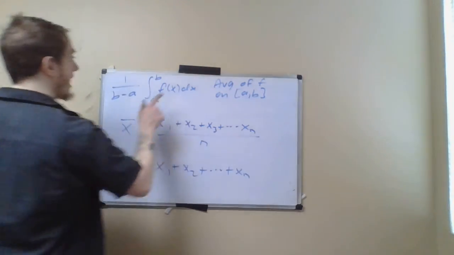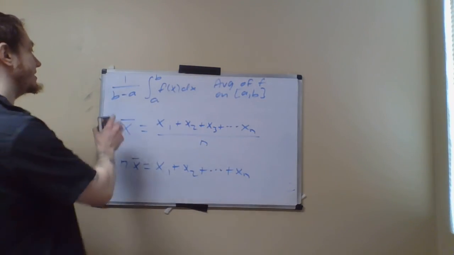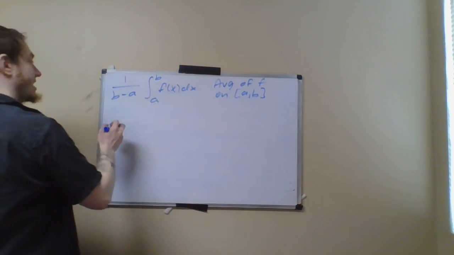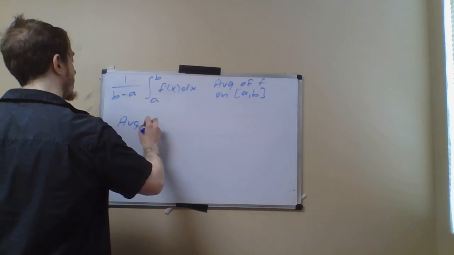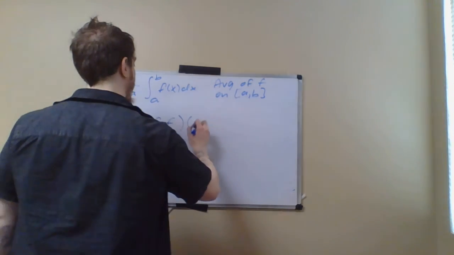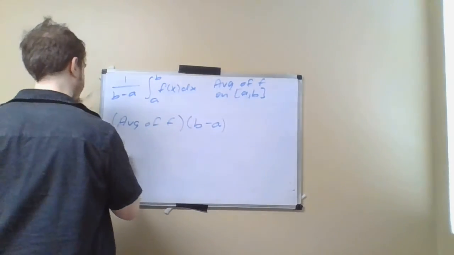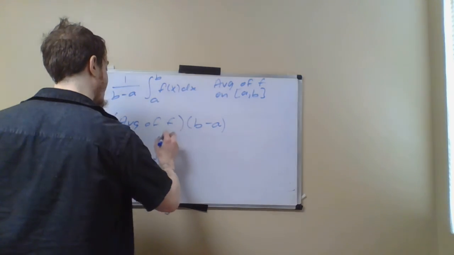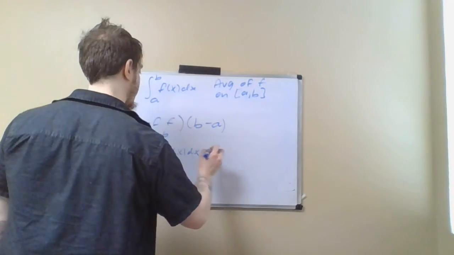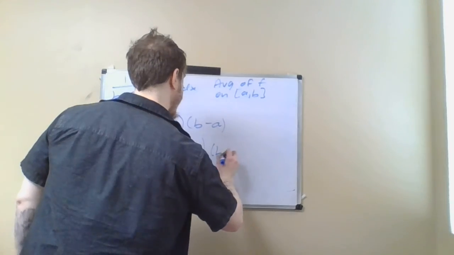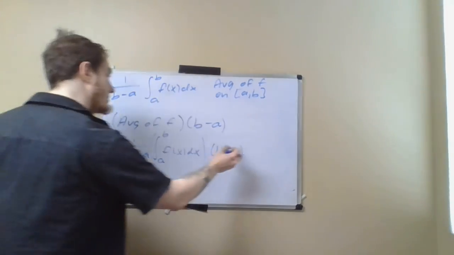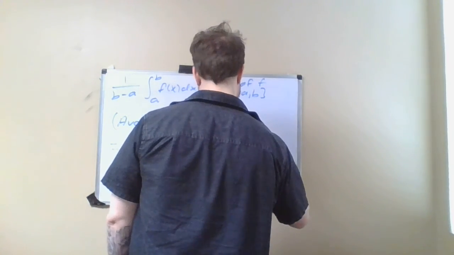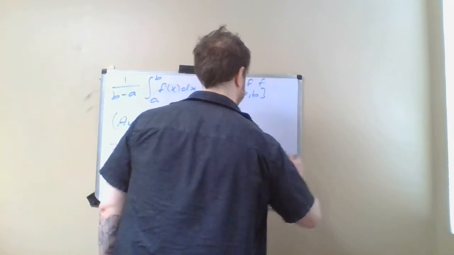Well, this average has a similar property: the average of f times the length of the interval is 1 over b minus a times the integral from a to b of f of x dx, times b minus a. The b minus a's cancel, and this leaves me with just the integral from a to b of f of x dx.